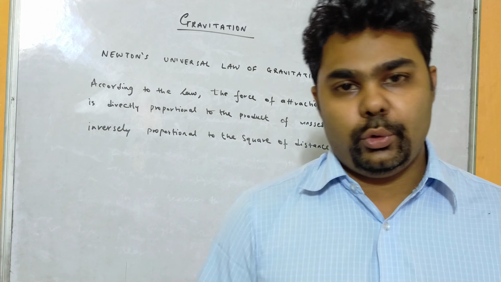So you see, I have substituted the values of all the terms here. The relation between capital G and small g we have seen, that is capital G equals small g r square by M e, the mass of earth. But if we need to find the mass of earth, we substitute the values of acceleration due to gravity, distance between the earth and the object, and the gravitational constant.